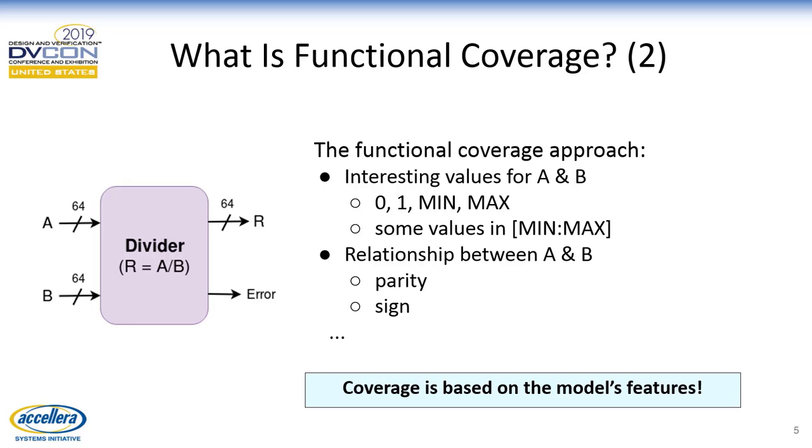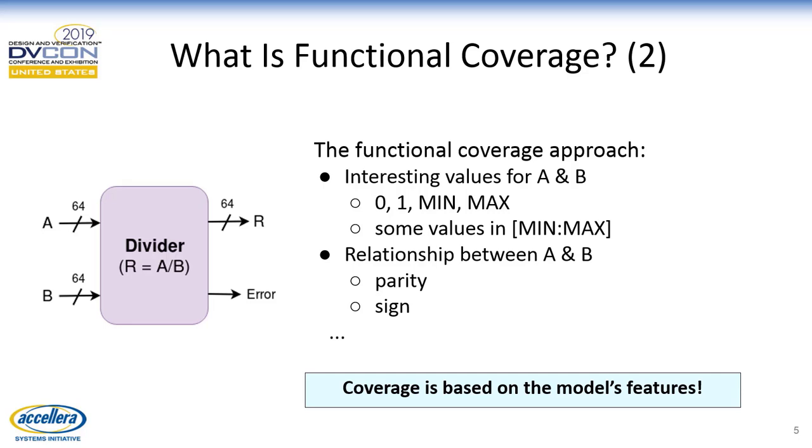And also something in between, because in constrained random verification, we would like to see what happens with some random values, not just the values that we think we will be using, because this way we achieve a verification space that is broader, so we might catch bugs that we didn't think of. Also, we could think about the relationship between A and B. So what is the parity between them?